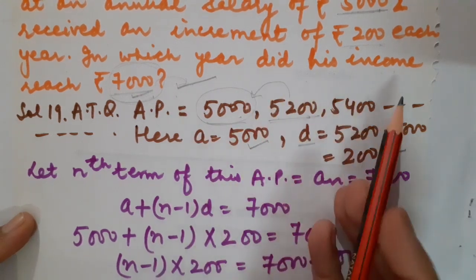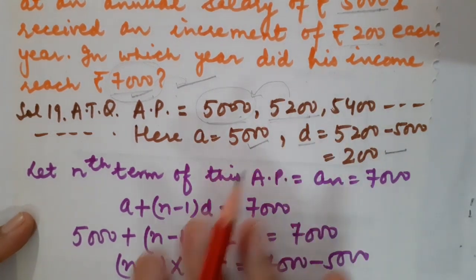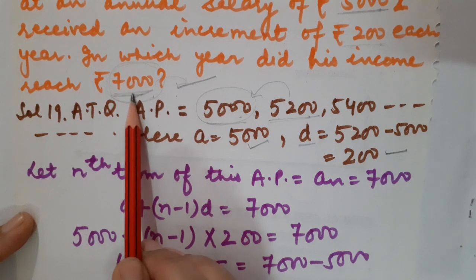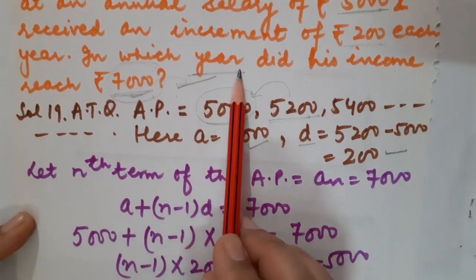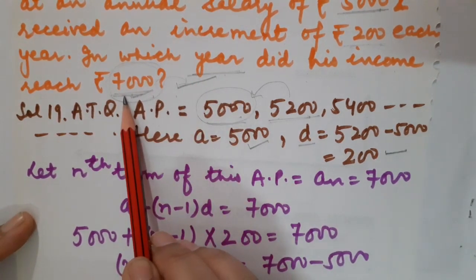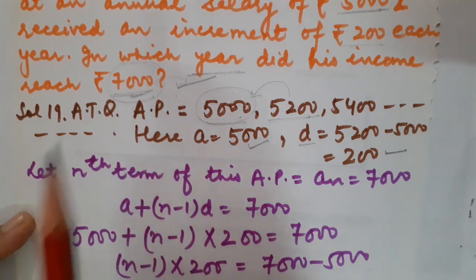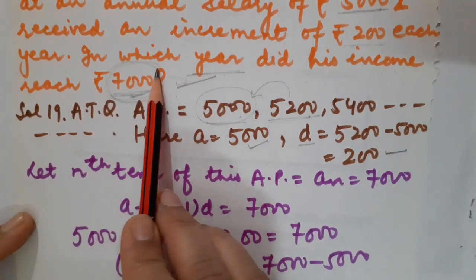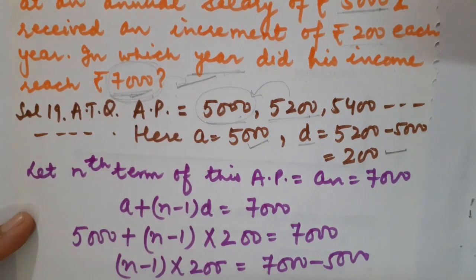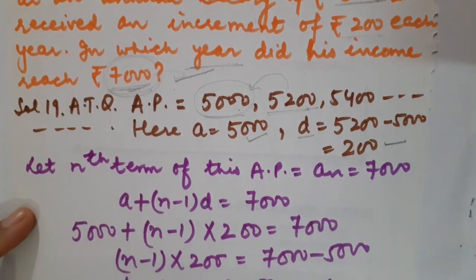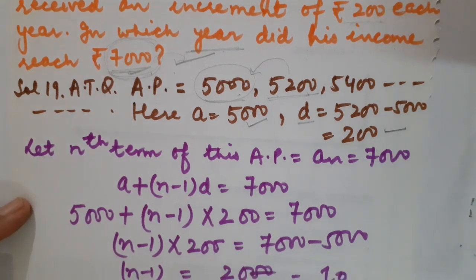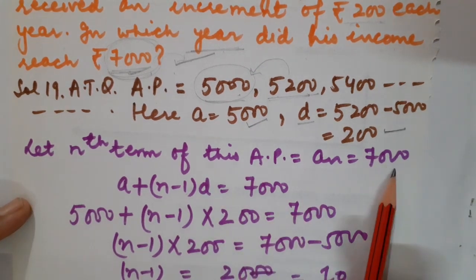Means the increment will be there of course of rupees 200 in each year. But it is said in the question that you have to tell that particular year in which the person was going to get the salary as 7,000. So let this be considered as the nth term because we are not going to deal afterward. After that we are not going to deal, right? So let the nth term of this AP, that is AN, be equal to 7,000.